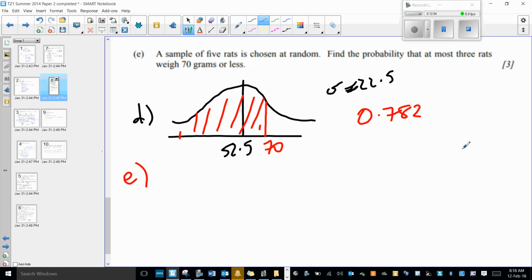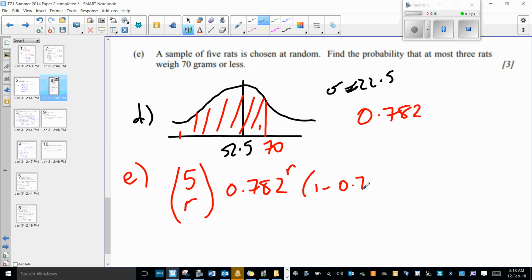So we've got 5 rats being chosen, and we've got 0.782 as our probability of it happening, so that's the value, probability of R, and then we do 1 minus 0.782 to the power of 5 minus R. Okay, but we can use our calcs for this. We want to know when at most 3 rats, so we want the probability that x is less than or equal to 3.